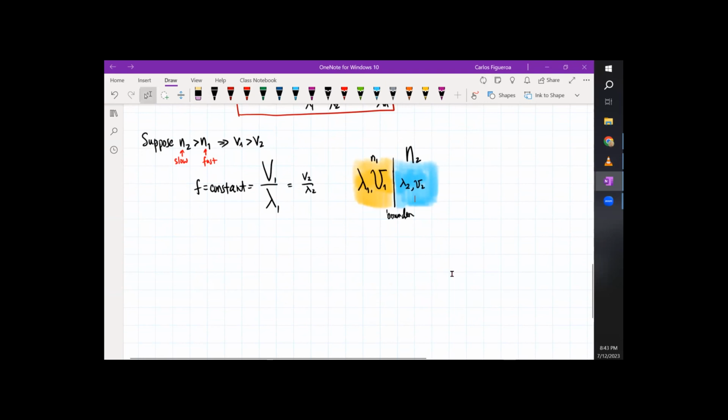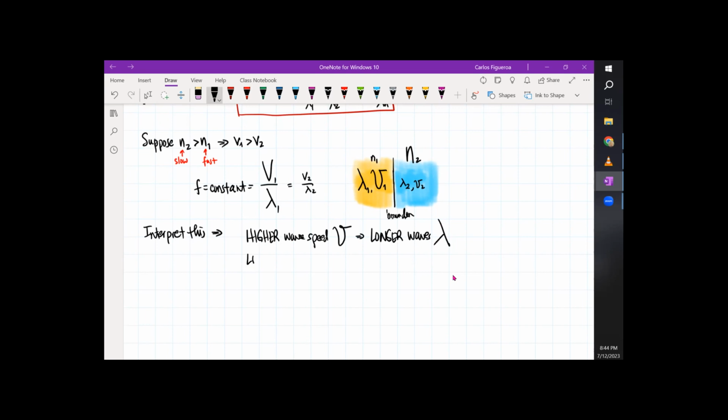So here's what it says. If I look at this, it has to be this way, following this condition. If I interpret this, it tells me that if I have a higher wave speed, then I have to have longer waves as well.